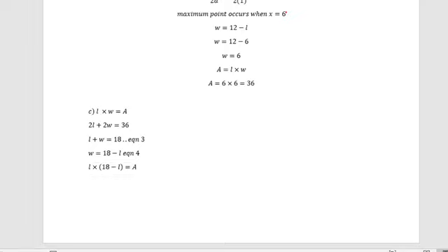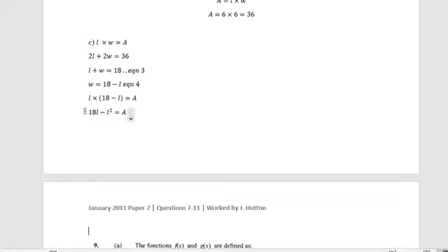Therefore, when you work that out by distributive law, you get 18L minus L squared is equal to the area. And when you do that working, writing it in the form of a quadratic, you will have 0 is equal to L squared minus 18L plus A, as that is what we had done before.